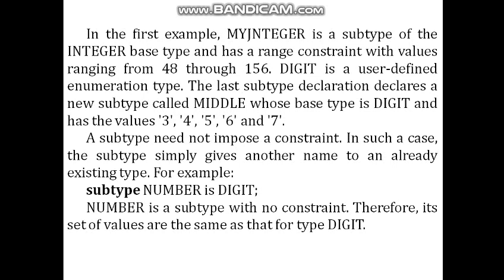For example, here again we take a simple example: subtype number is digit. The number is a subtype with no constraint. Therefore, its set of values is the same as that for the type digit. This is simply a subtype of the basic data type. This is all about subtypes.